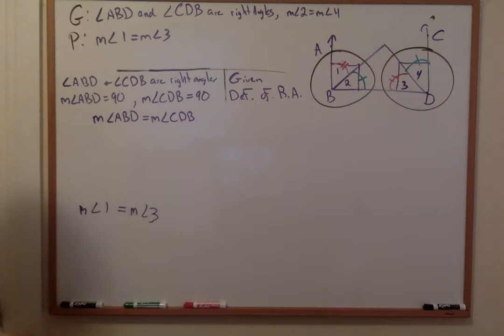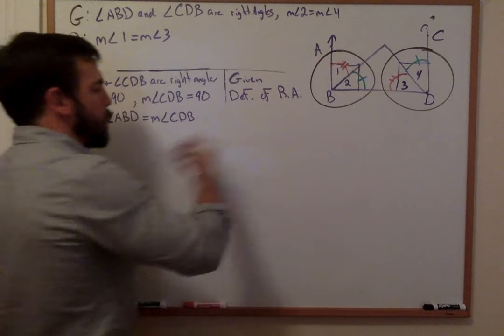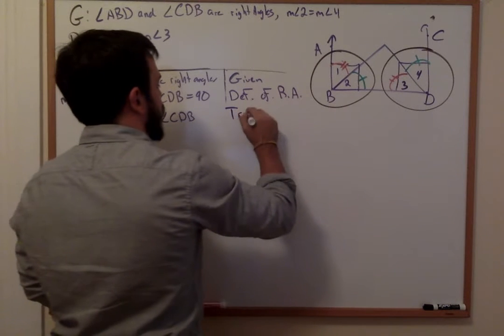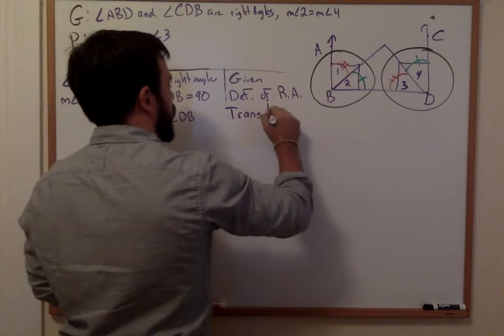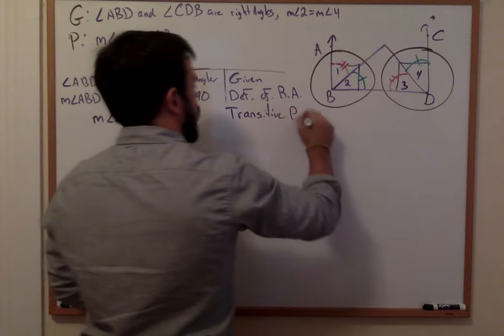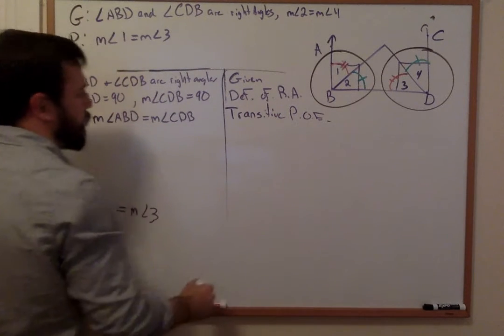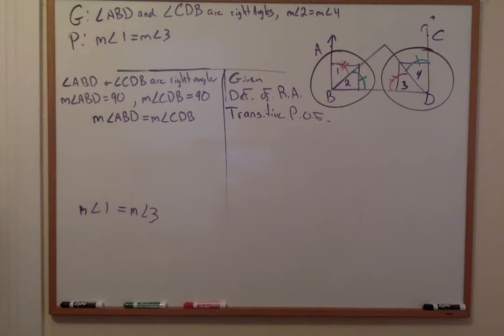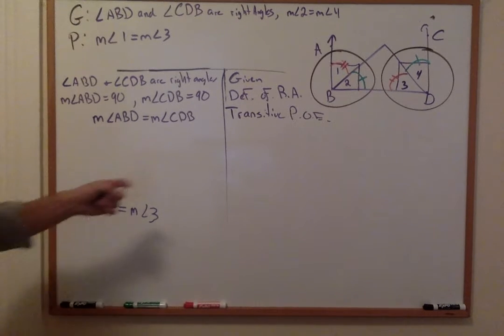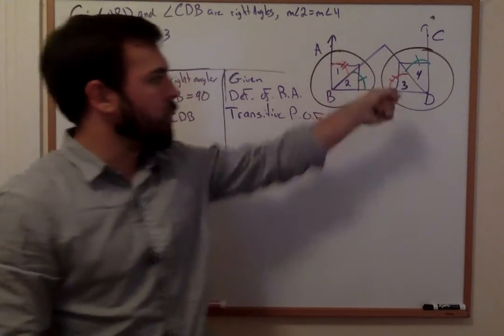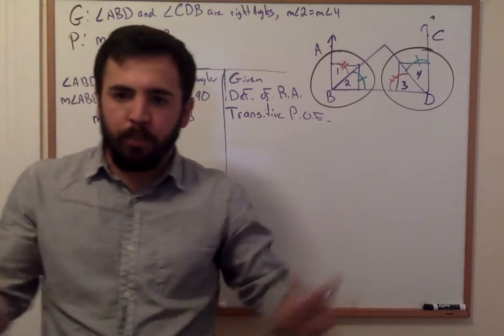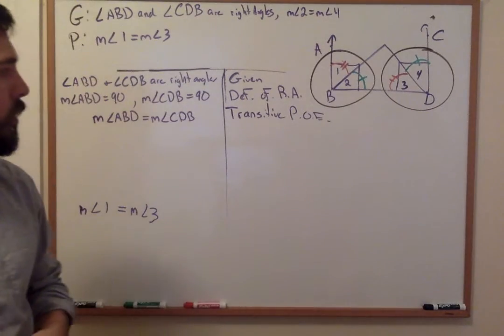That's the transitive property. They both equal the same thing, therefore they equal each other. Now I have the wholes are equal. Now I need to introduce their parts somehow.